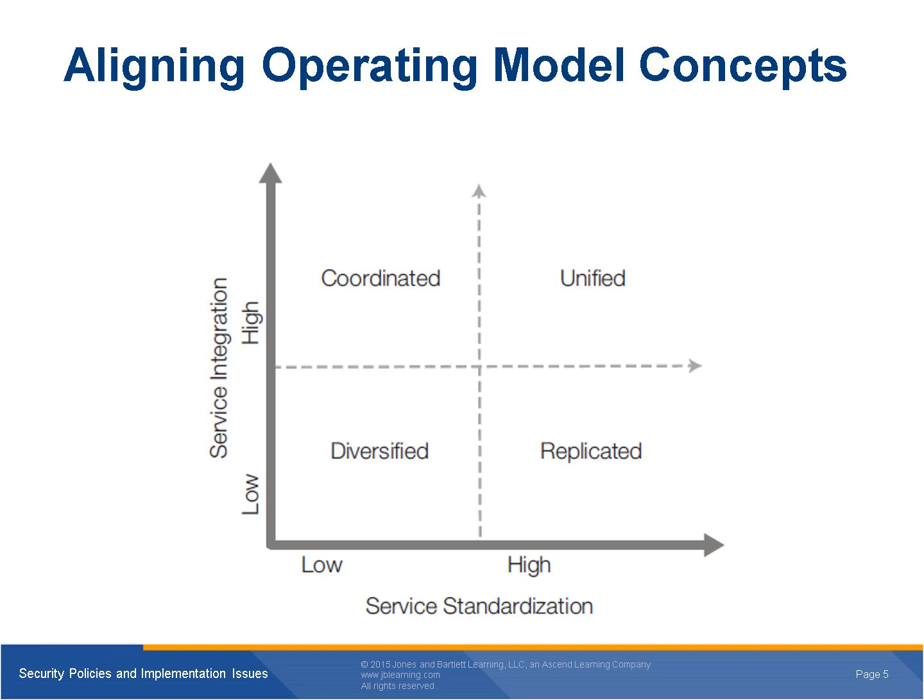As you can see in the figure on the screen, these operating model concepts are aligned with how the businesses choose to integrate and standardize with an enterprise solution. In general, the higher the level of integration and standardization in an enterprise solution, the easier it is to implement security policies.